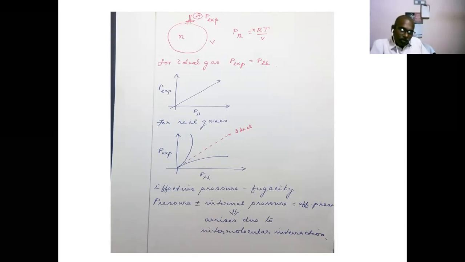Suppose if these 4 people are enemies, their interpersonal repulsion will be more. The 4 people are asked to stay in a room where these 4 people are enemies, means the pressure that they are experiencing will be more than what is expected because of the interpersonal repulsion.